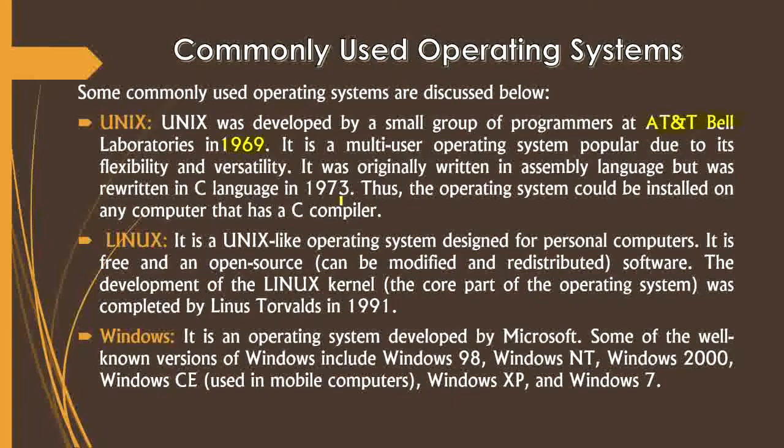Windows 7 also they have stopped already, with no more new updates. Now Windows 8, Windows 10, Windows 11 you can use. So the commonly used, mainly popular one is Windows.